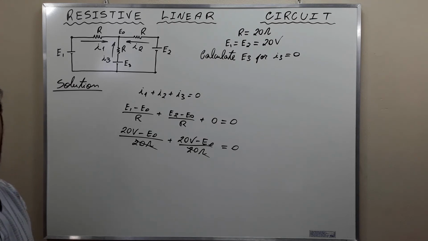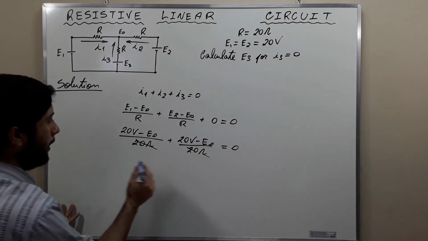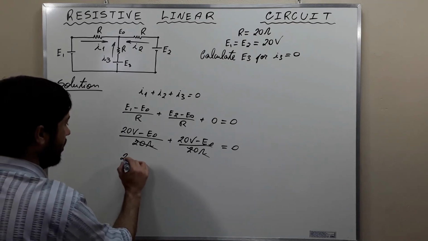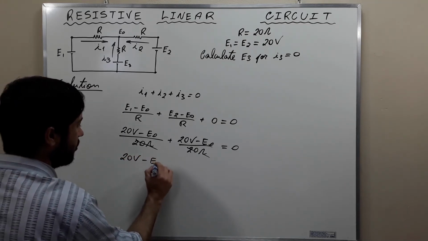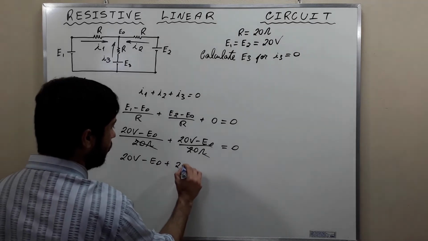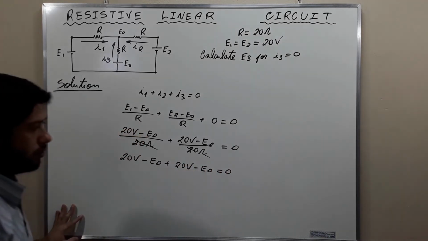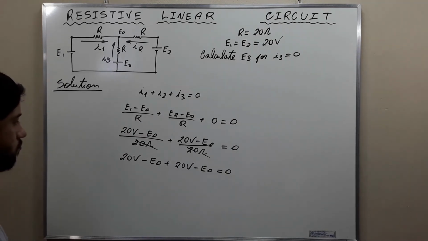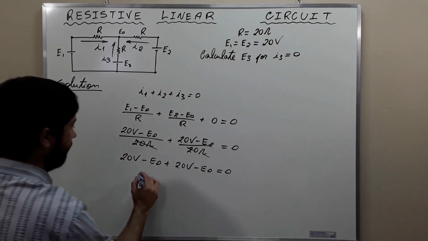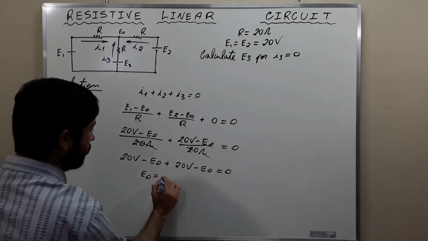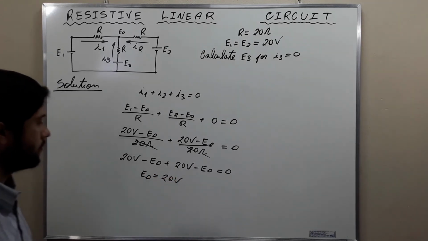Then we can simplify the problem in this fashion. And here we have that 20 volts minus E0 plus 20 volts minus E0 is equal to 0. Therefore, we find that E0 is equal to 20 volts.